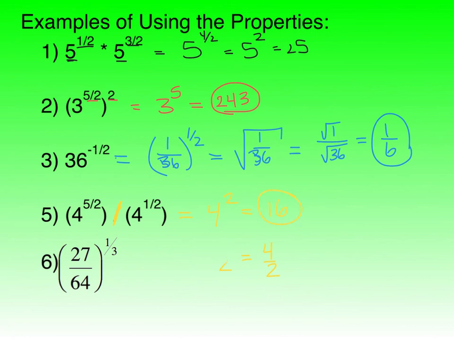Okay? And number 6 is kind of the same way I did number 3, only it's not a negative exponent. If I have something to the 1/3, I could do that as a cube root, or I could take it as 27 to the 1/3 over 64 to the 1/3. And if you like that, that just becomes 3 over 4.